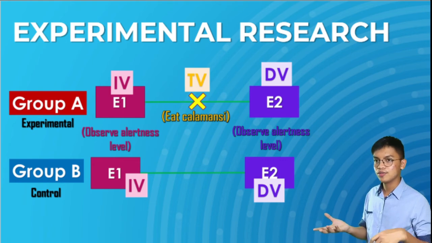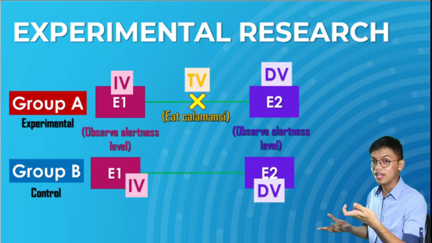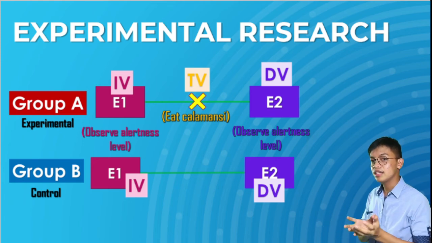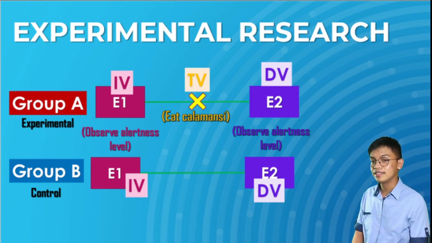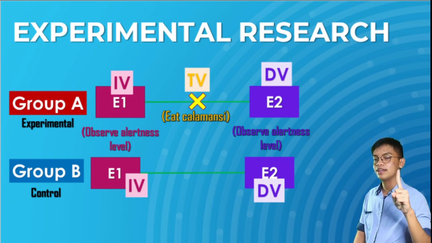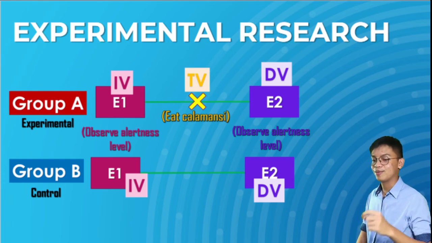So what she did was to let the students eat calamansi before her class. Then after eating the calamansi, she tested them again. She tried to collect their alertness level. So she found out that, oh, nag-spike. Naging alert sila after eating calamansi.